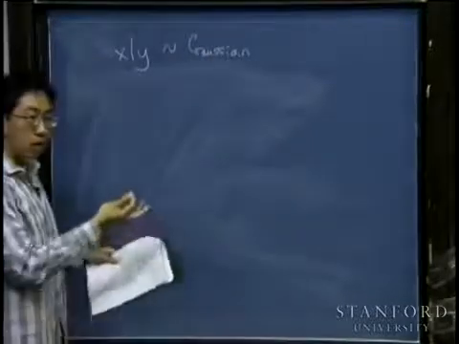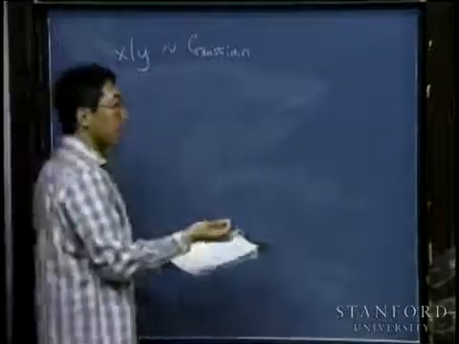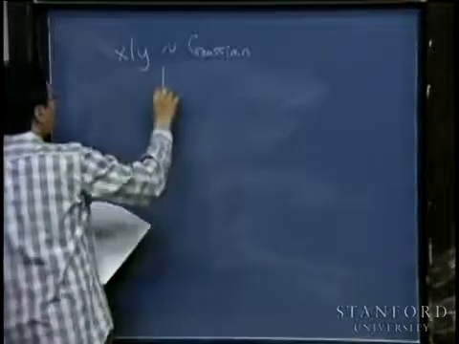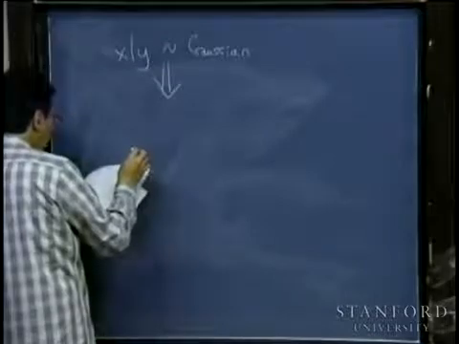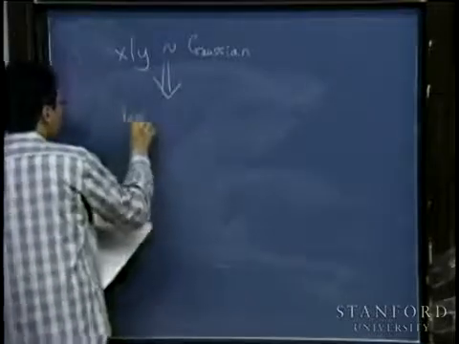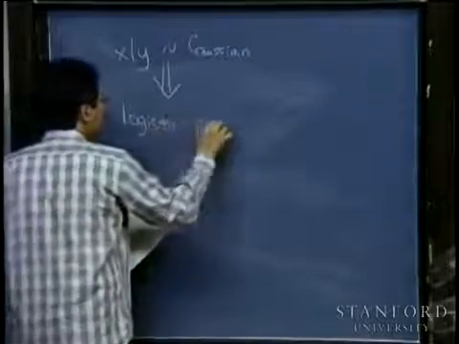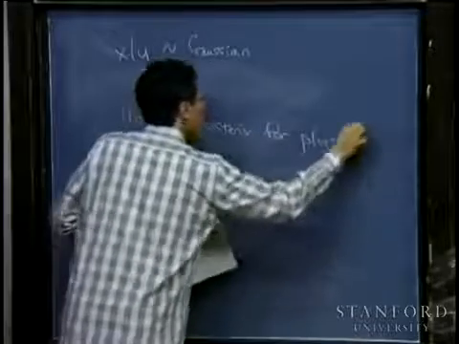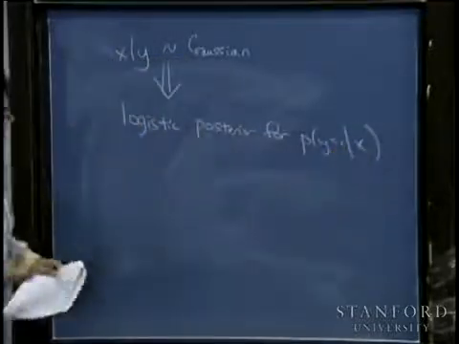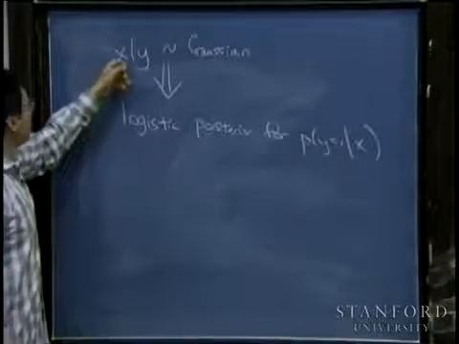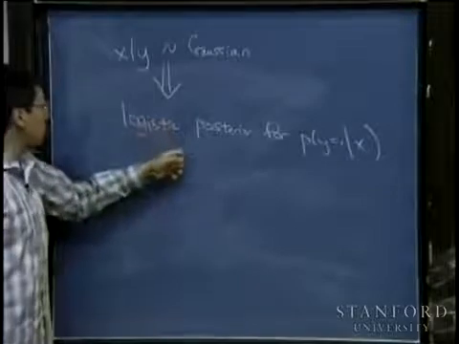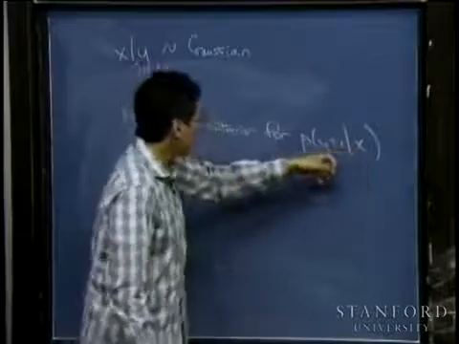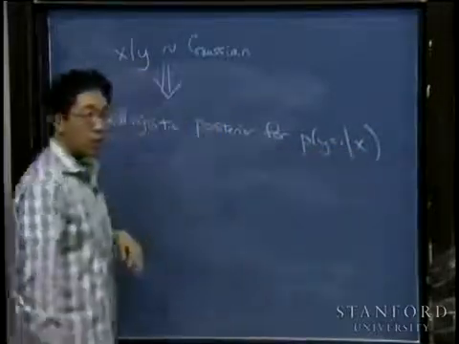And the argument I showed on the previous chalkboard, which I didn't prove formally but you can go back and prove yourself, is that if you assume x given y is Gaussian, then the posterior distribution, the form of p of y equals 1 given x, is going to be a logistic function.